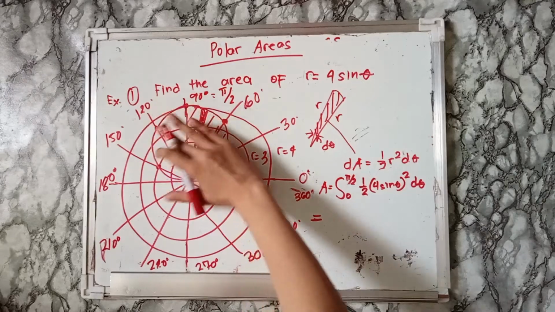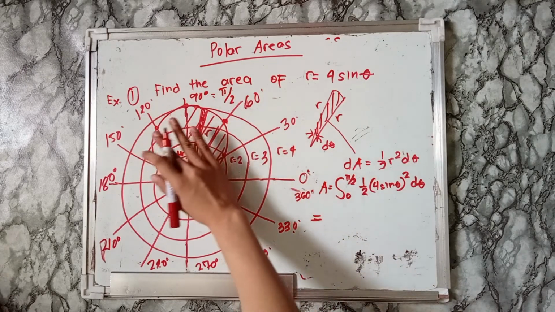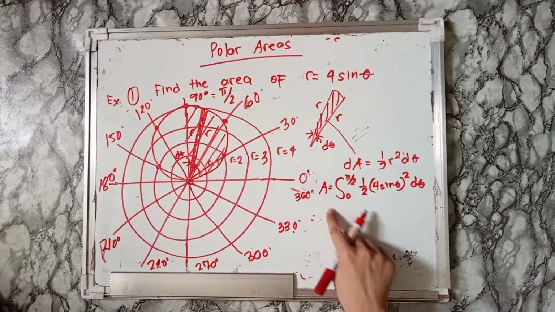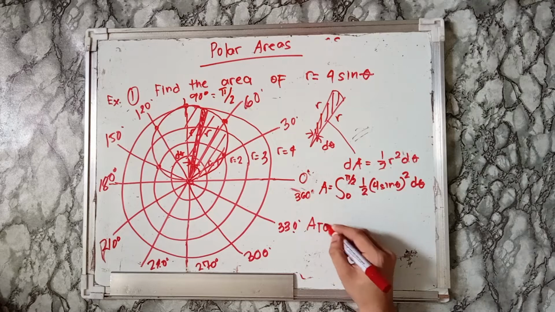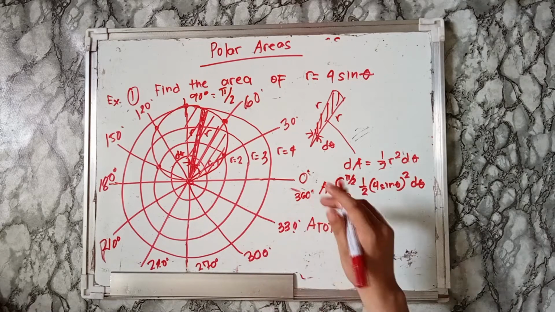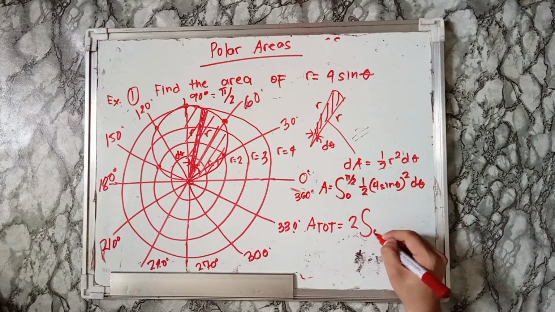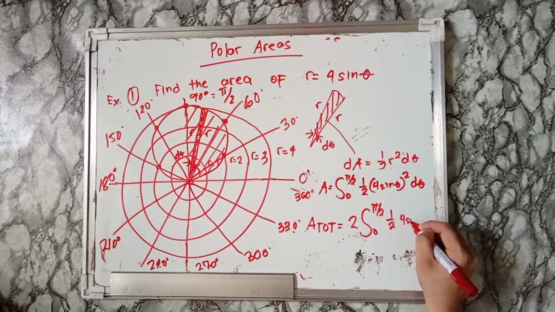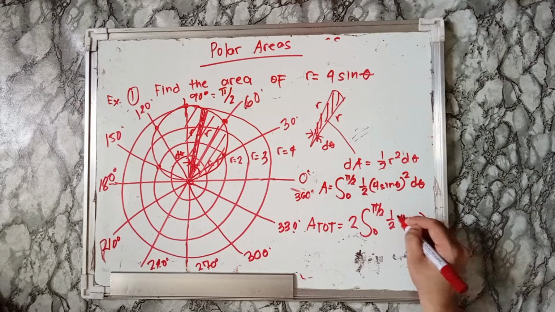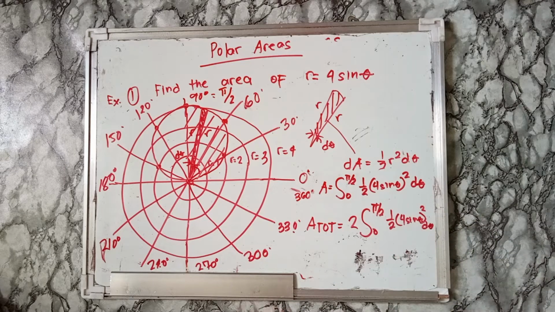Now if we find the whole area, let's say the total area is equal to, so we need to multiply this by 2. So this is just the integral from 0 to pi over 2 of 1/2 (4 sine theta) squared d theta, right?